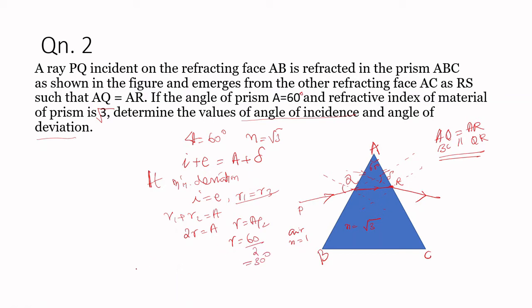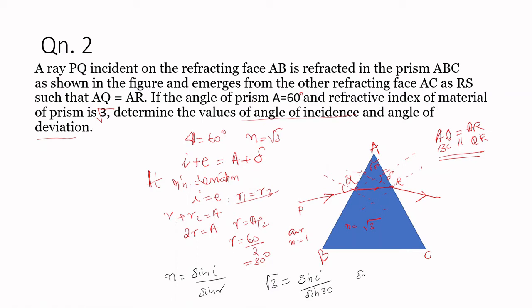Now, according to Snell's law, N1 sin I is equal to N2 sin R. We get N equal to sin I by sin R. So √3 is equal to sin I, that is sin E itself, that we don't know, divided by sin R. Sin R is sin 30.